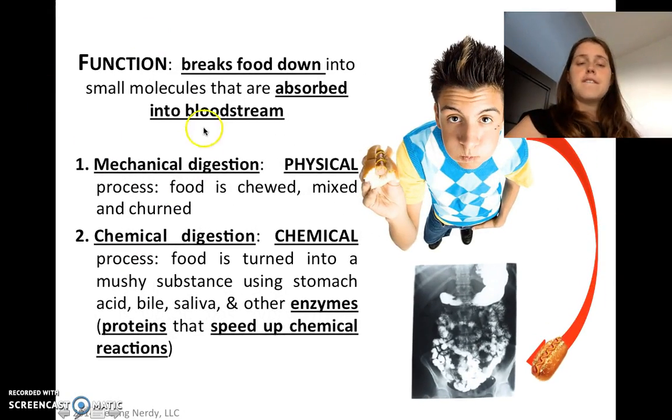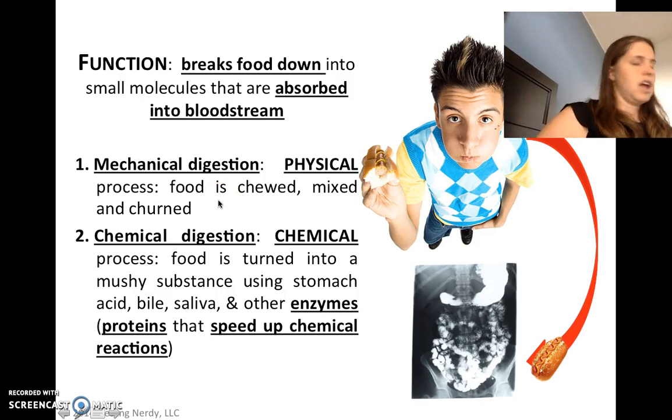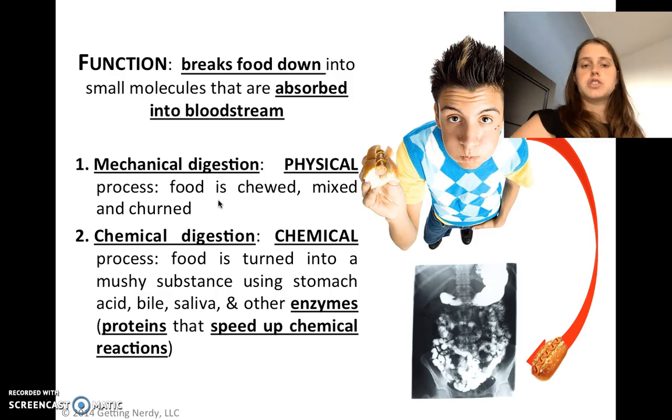So the function of the digestive system is to break food down. It breaks food into small molecules that are absorbed into the bloodstream. There are two types of digestion. There is mechanical digestion, which is the physical process where food is chewed and mixed and churned. And then there is chemical digestion.